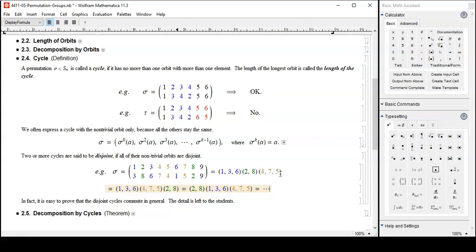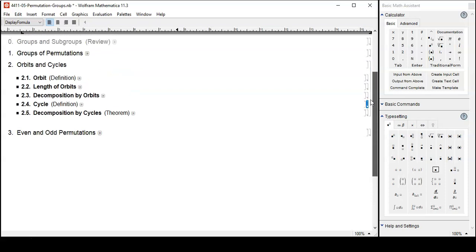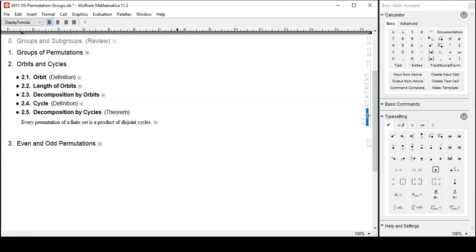Here, blue, green times brown, and no particular order because they're all commutative, but there is no other way to decompose it. Some people call it the cyclic decomposition theorem, a bit too formidable. So I'll simply say decomposition by cycles, just like I used the previous term, decomposition by orbits. So every permutation of a finite set is a product of disjoint cycles.